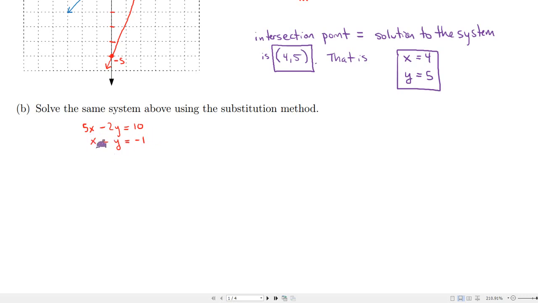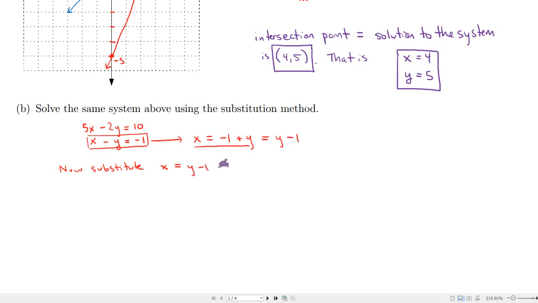If I take this second equation here, notice that if I just add y to both sides, then I have x is equal to negative 1 plus y, right? And now what I can do is substitute x is equal to y minus 1, right?